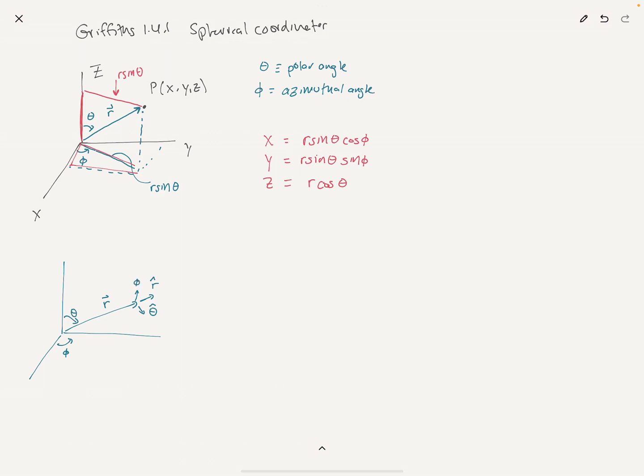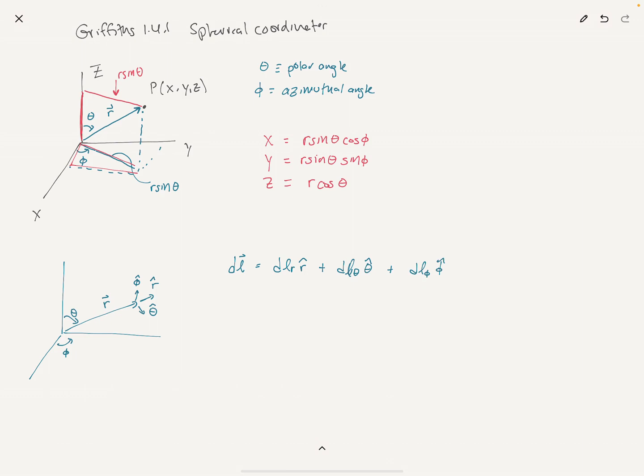So my total infinitesimal displacement vector is going to be the components of all of those infinitesimal changes. So I have dl in the r hat direction plus dl theta in the theta hat direction plus dl phi in the phi hat direction.